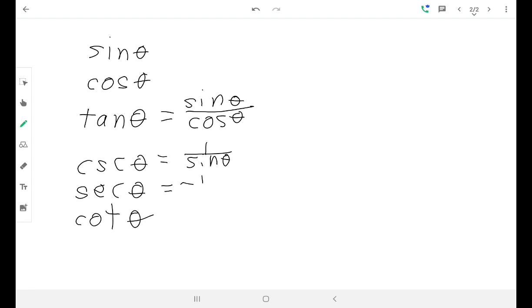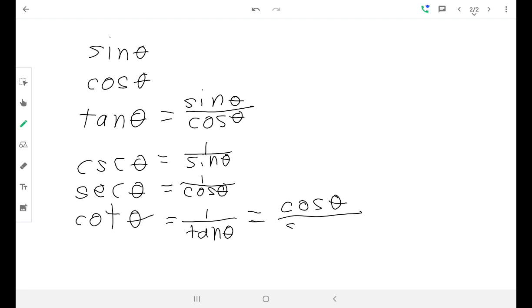Secant theta is 1 over cosine theta. And cotangent theta is 1 over tangent theta, meaning it is the reciprocal of the tangent. So if you take the reciprocal of this fraction up here, that tells you the cotangent in terms of sine and cosine. So cotangent theta is cosine theta over sine theta.